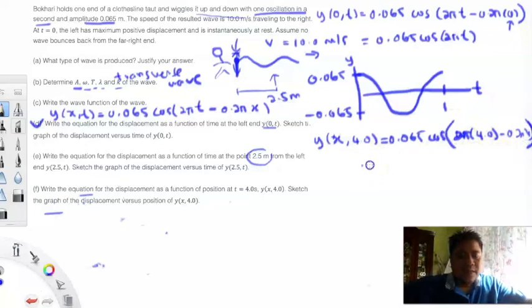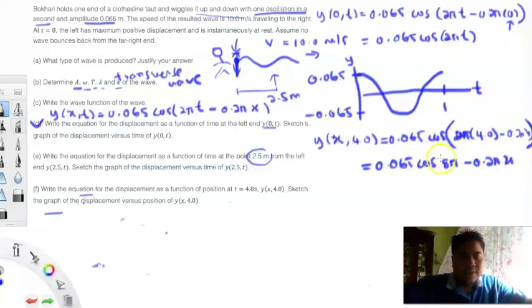Okay, simplify: 0.065 cos(8 pi minus 0.25x). Oh, sorry, so this is the bracket. Now you have 8 pi, and this is 0. So you have y as a function of position at 4 seconds.